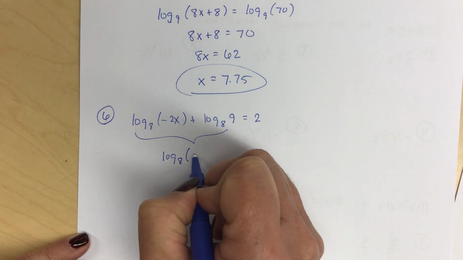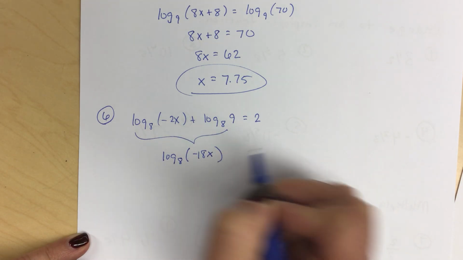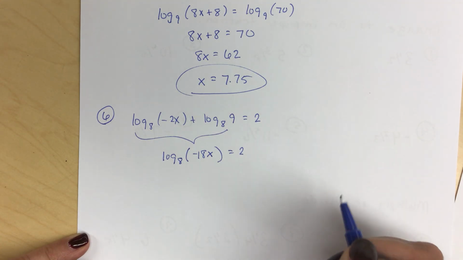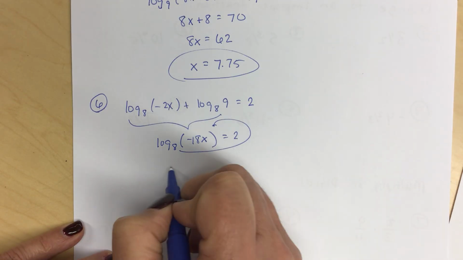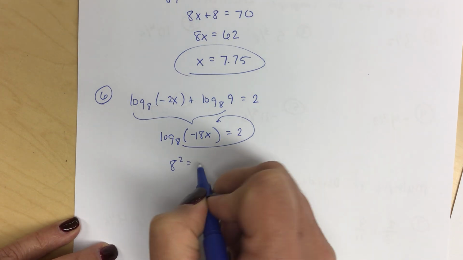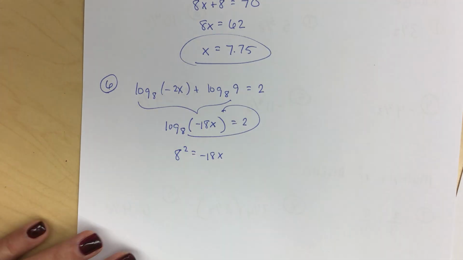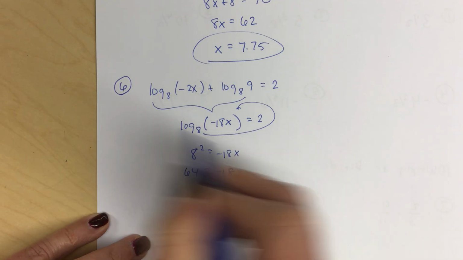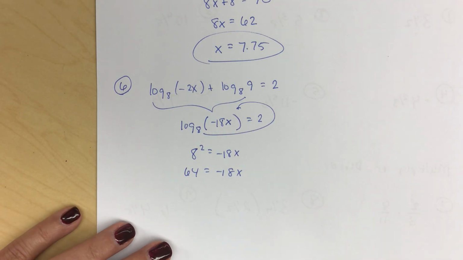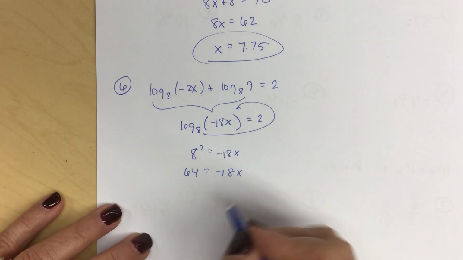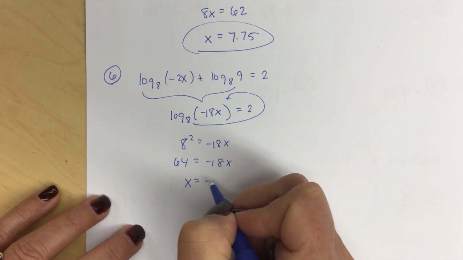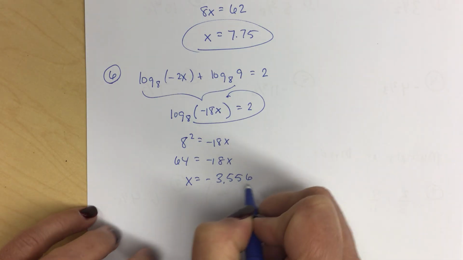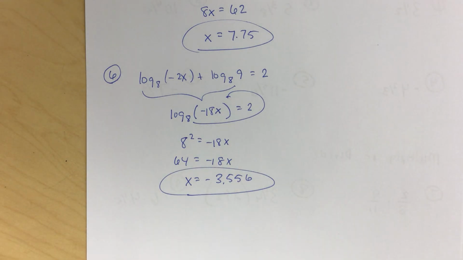So log base 8 of negative 18x, because negative 2x times 9 is negative 18x, equals 2. Then you can swirl it. 8 squared is negative 18x, so that's 64 is negative 18x. 64 divided by negative 18 is negative 3.556 if you round to 3 decimal places.